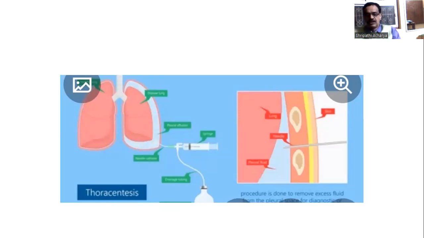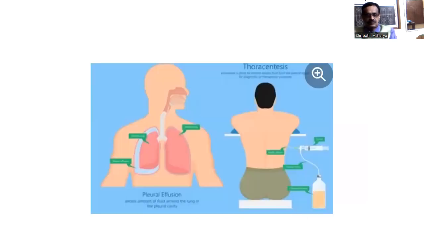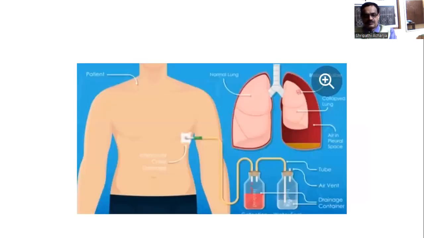In the tapped one, an air fluid level will be seen. This is hydrothorax. See, fluid in the pleural cavity on the right side. This is also a pleural effusion, and the patient position for thoracentesis.